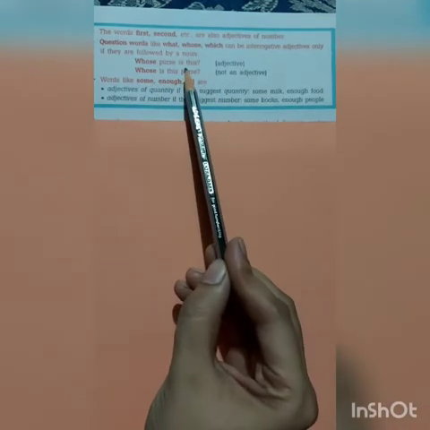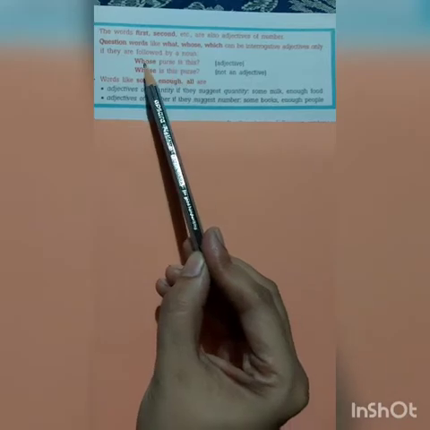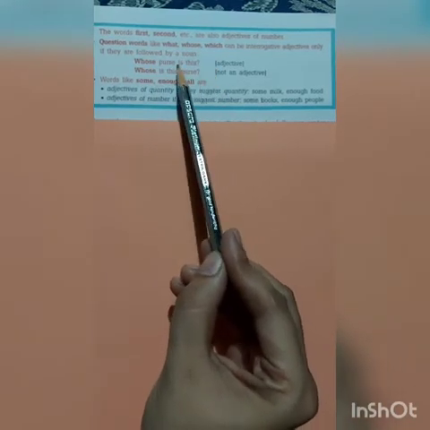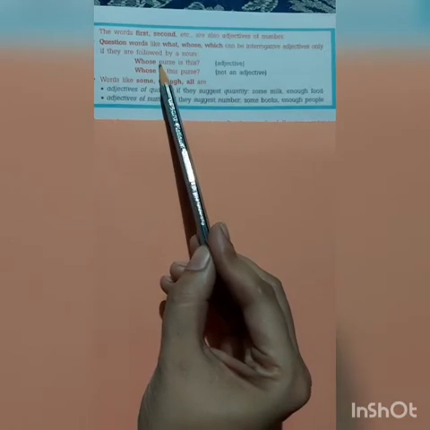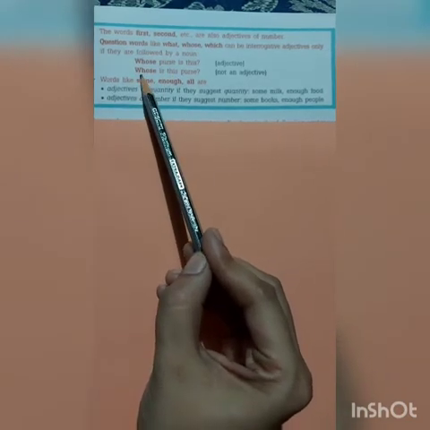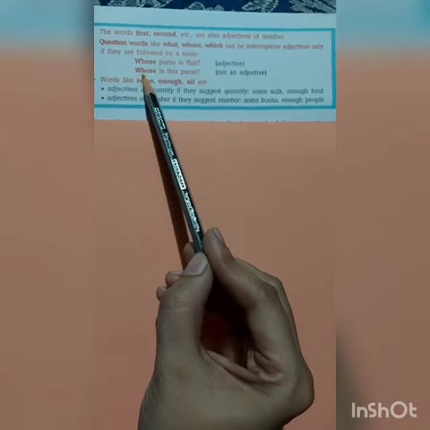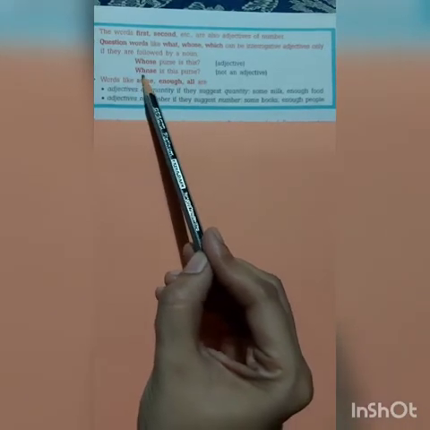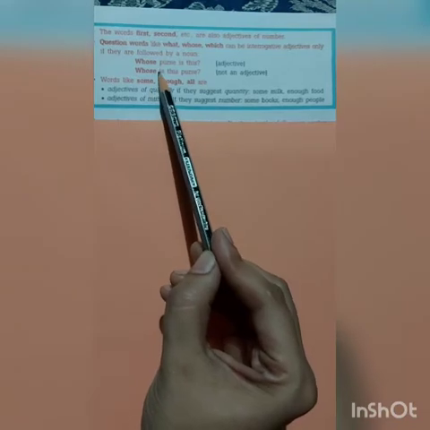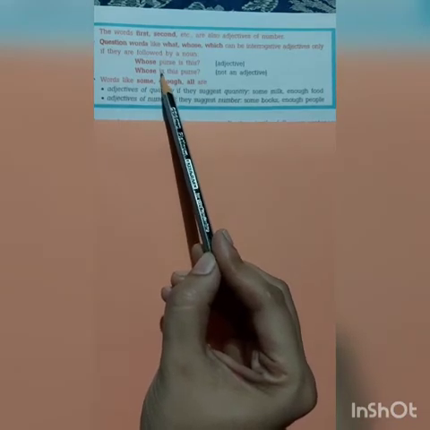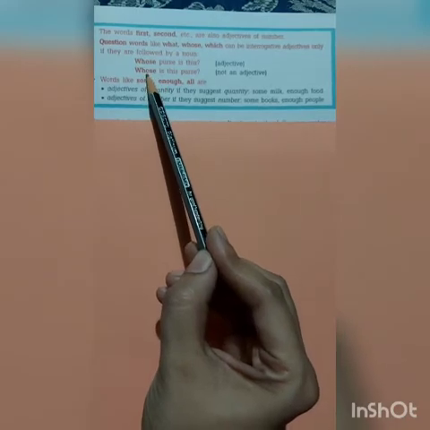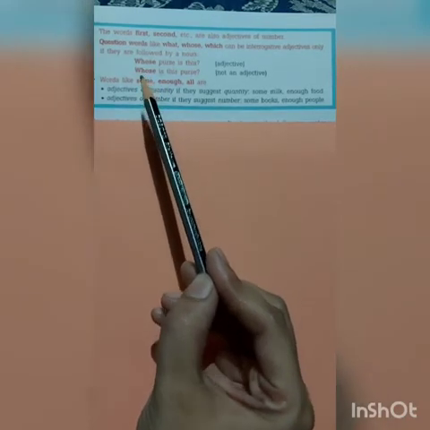Whose purse is this? Now, here, whose is an interrogative adjective, right? Because it is followed by a noun, purse. But in this sentence, whose is this purse? Whose is not an adjective here because it is not followed by a noun. It is followed by a verb here. So we'll not call it adjective. Okay? So just remember.